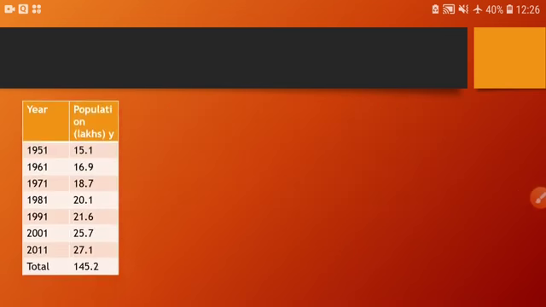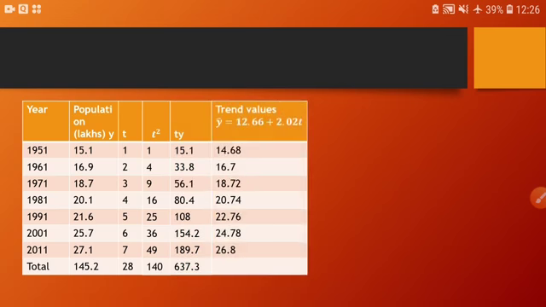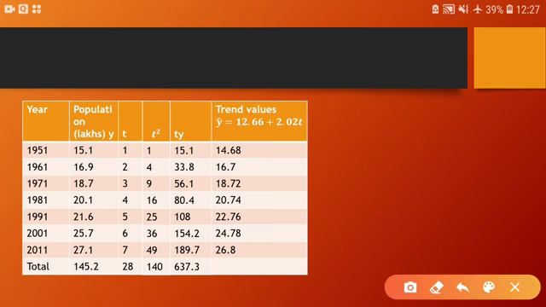So how to find? First of all, you need to find the linear equation. Yes, so your linear equation is y cap is equal to 12.66 plus 2.02 into t.